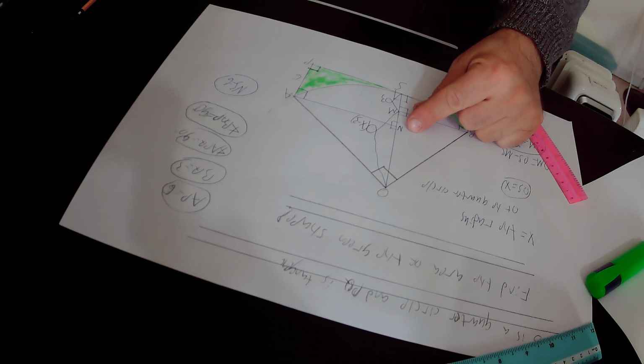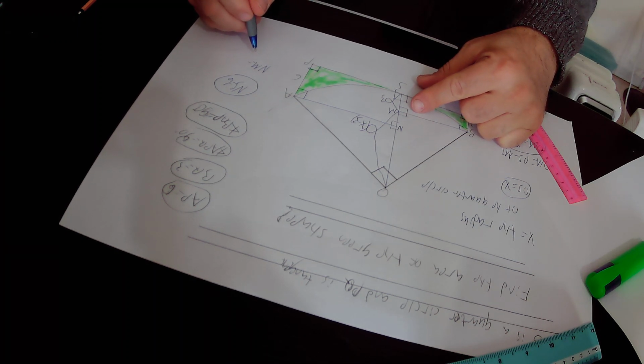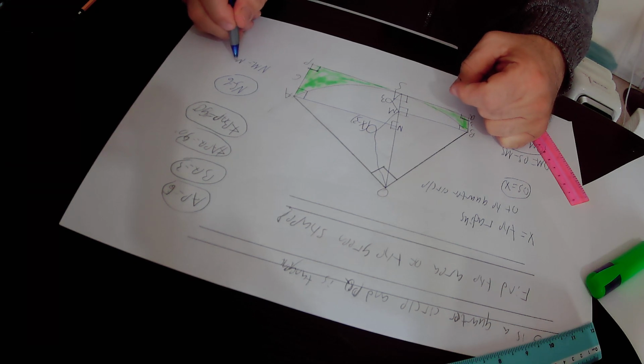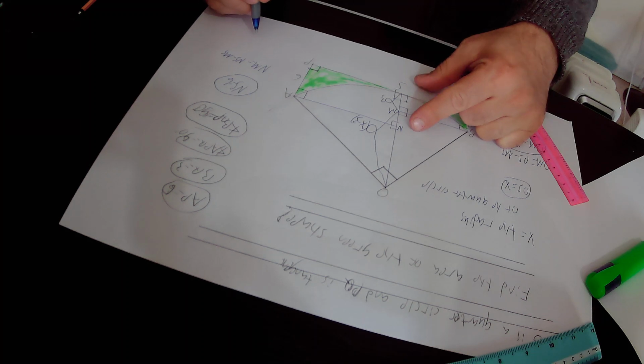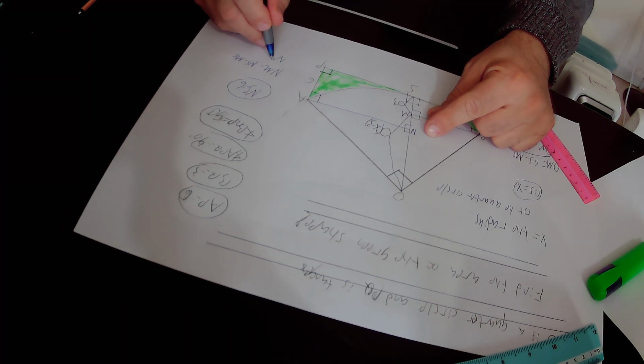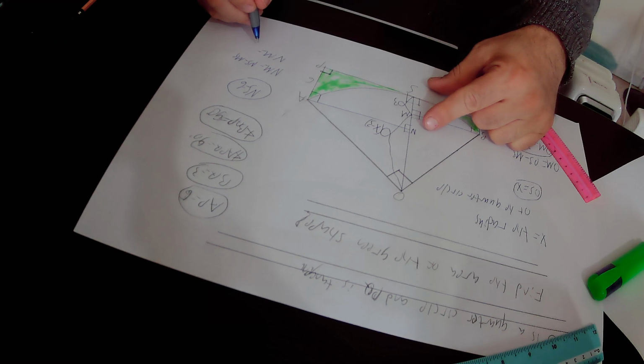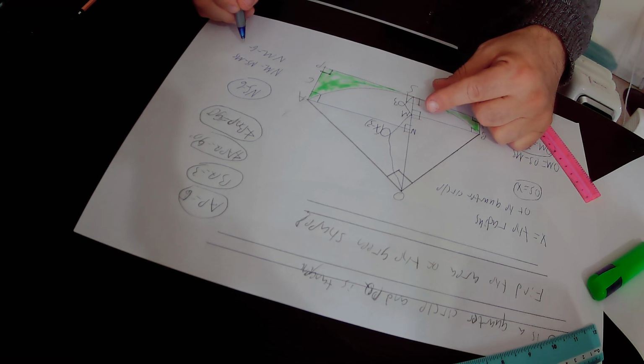What is the length of line segment NM? NM equals NS minus MS. So NM equals NS, that is 6, minus MS, that is 3.